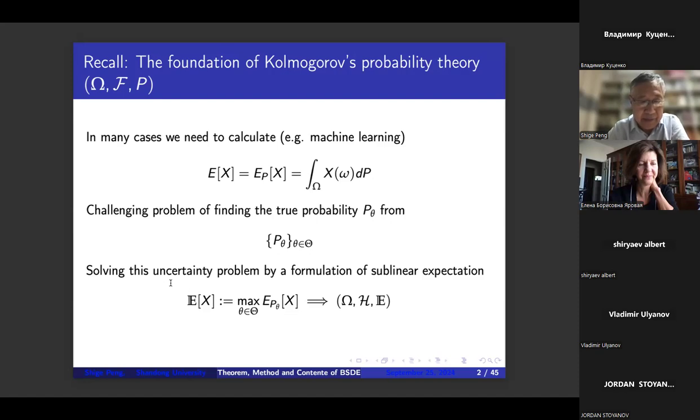Solving this uncertainty, the uncertainty of finding this P set, has a lot of problems, and especially also recently the problem of deep learning is directly related.